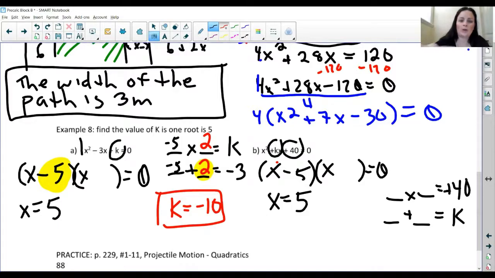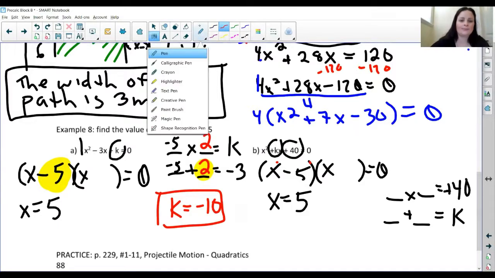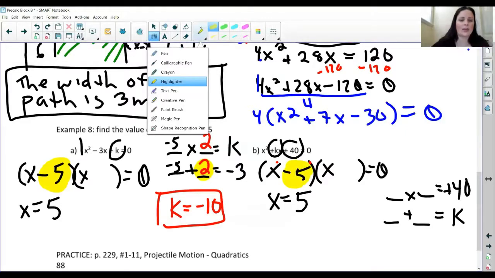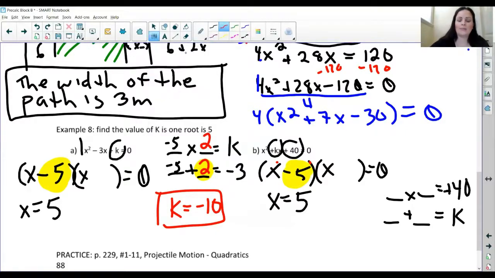We know that one of these numbers is -5 because the solution for x is +5. So that means one of these numbers is -5. And we have to go, well, what times -5 will give us +40? And the answer, I'm hoping you get, is going to be a -8.